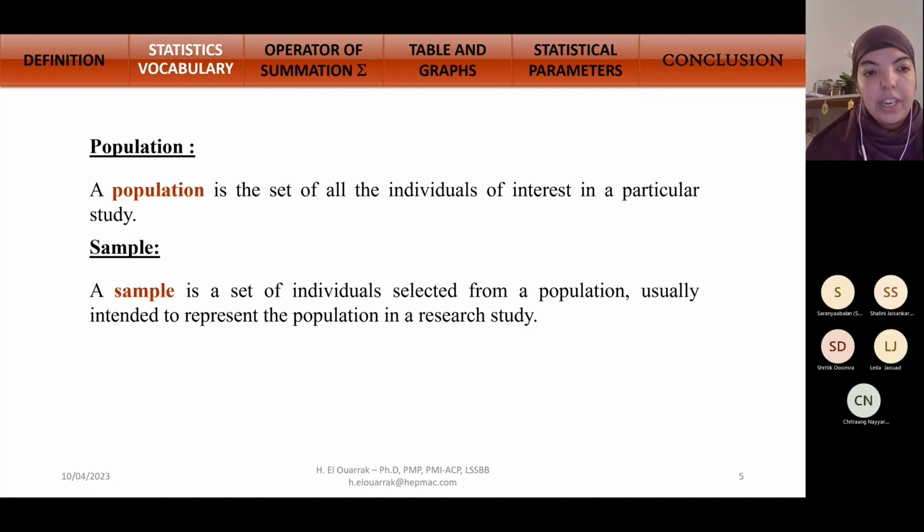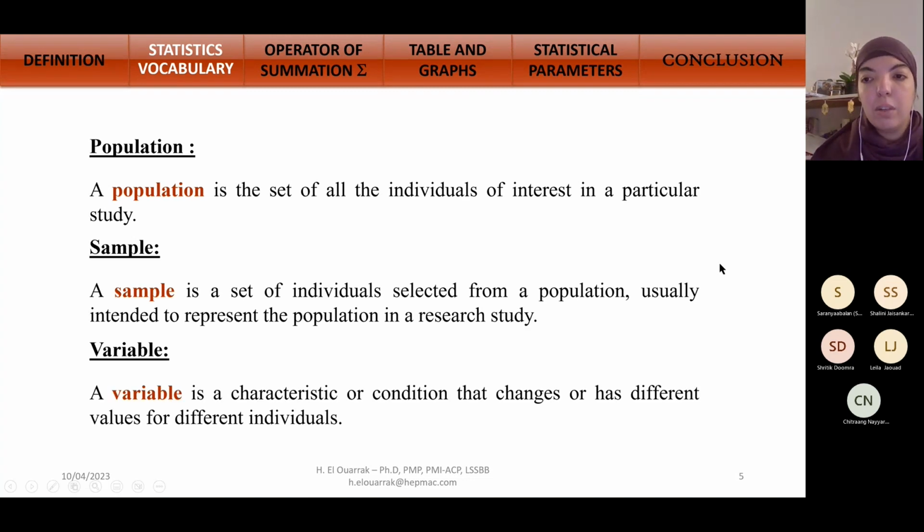So some vocabulary here. When we talk about population, it doesn't necessarily mean people. So population is the individuals of interest in a particular study, and this means that it's the whole entity that we're trying to understand. So this doesn't necessarily apply just to people.